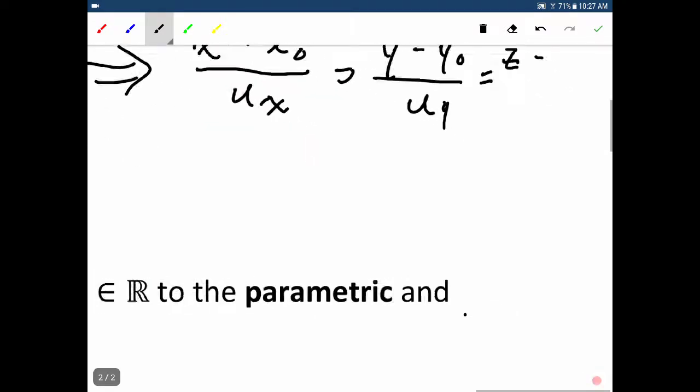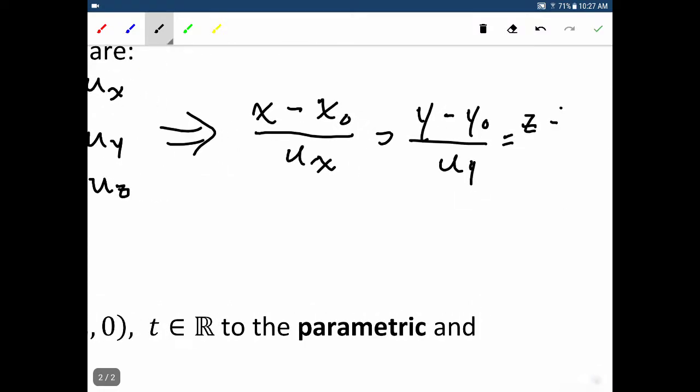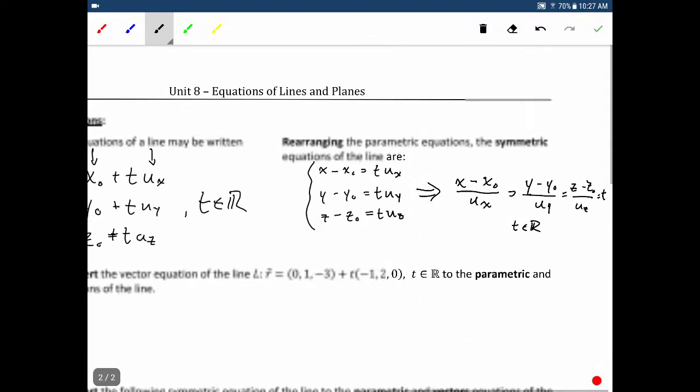I'm running out of room, so let me zoom in. All of those are going to equal t, where t is an element of the real numbers.